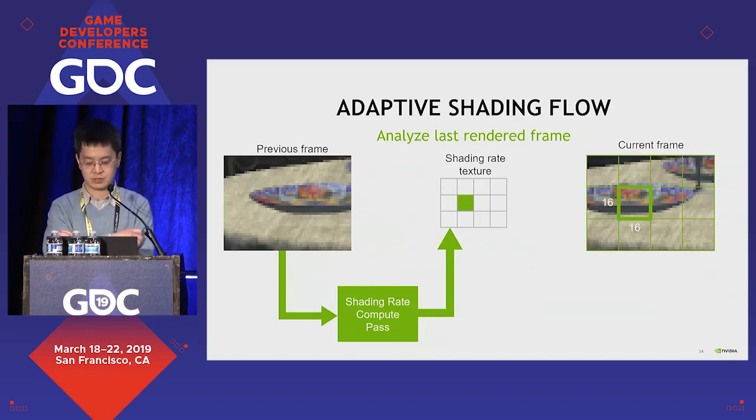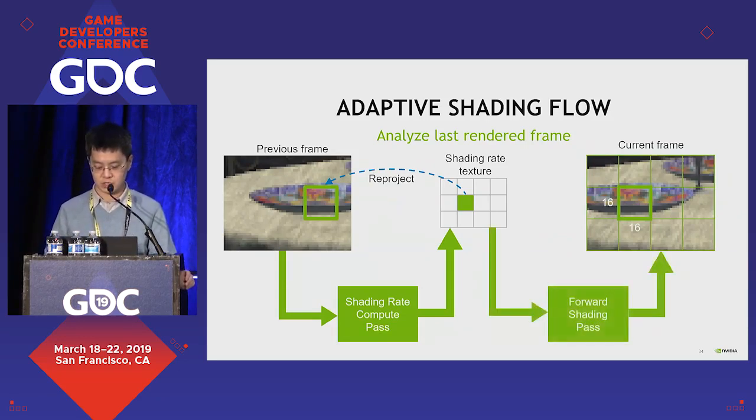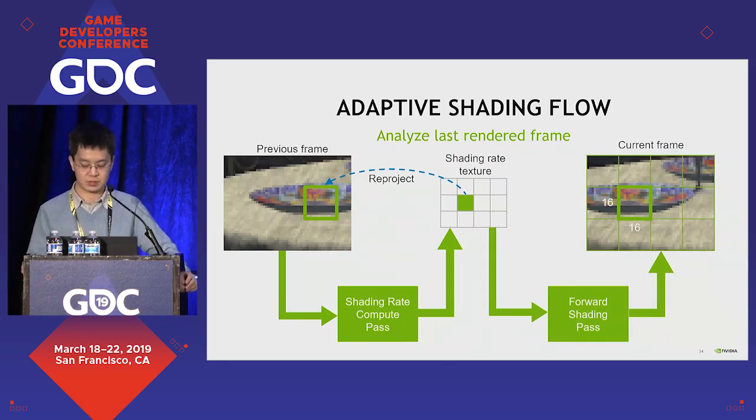For each 16 by 16 tile in the current frame, we reproject the location to the previous frame and compute one shading rate by analyzing the matching block in there. The shading rate is then written to the shading rate texture, which is later used by the forward shading pass to actually shade in the current frame. This is the basic flow of our approach.